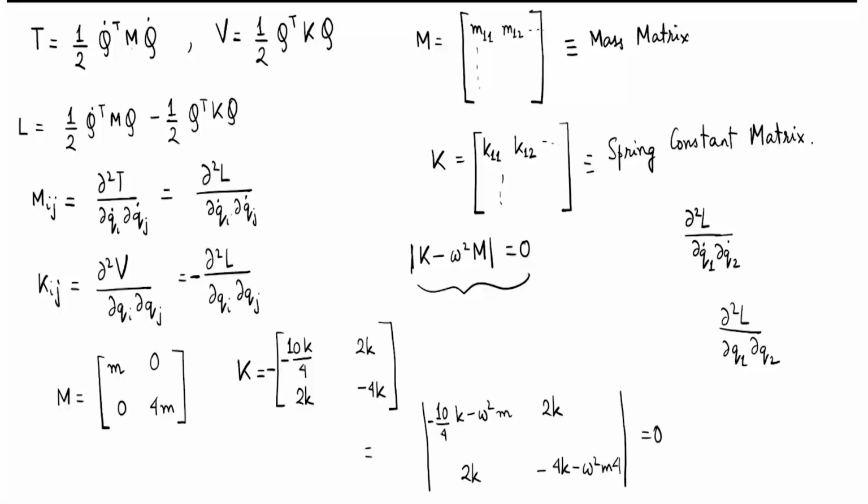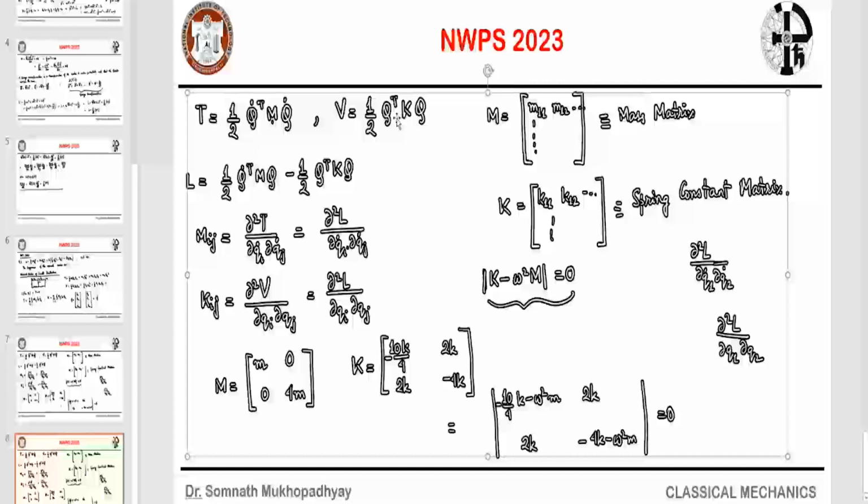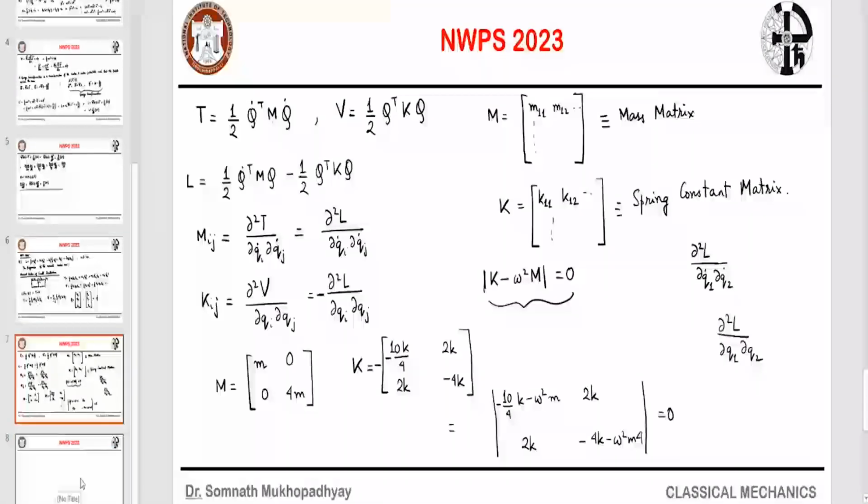So I should write a minus here. So this is 10k by 4. I'll write it separately. So here it should be minus 2k.